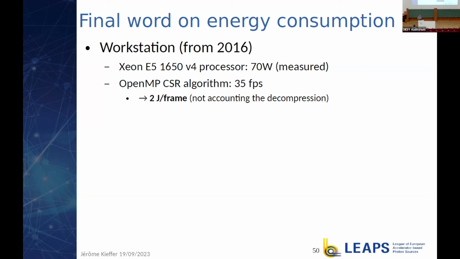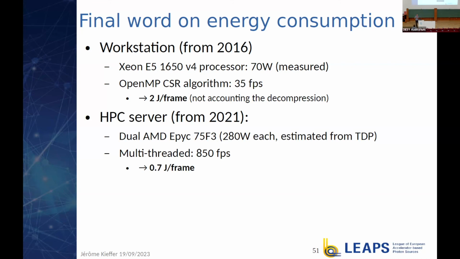If I treat my data simply using my old workstation, this has been benchmarked, it consumes less than 20 watts when idle. When I use the processor at full power, it consumes 70 watts, and I can achieve at best 35 frames per second on it. Again, 4 megapixel, always the same. This gives me 2 joules consumed per frame.